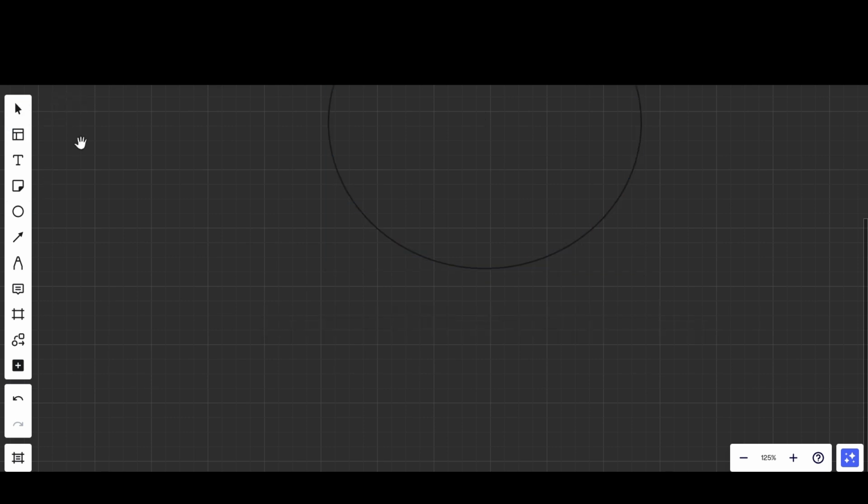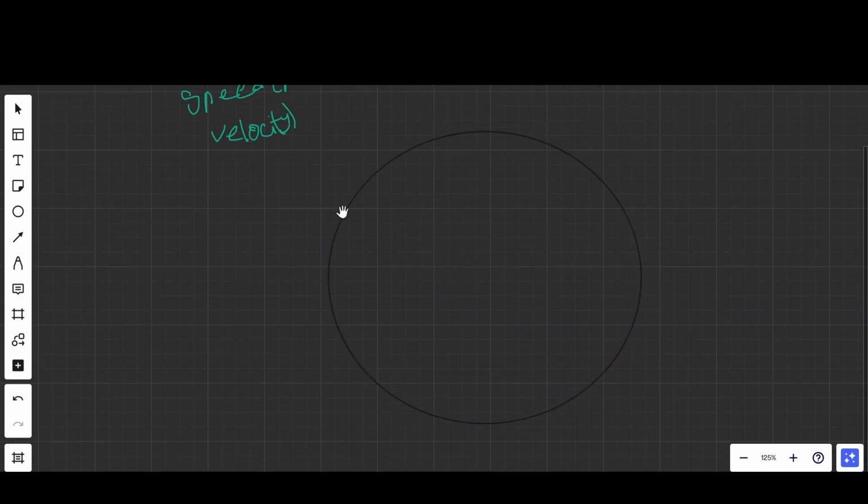Here's our circle, and let's say I've got a ball in here, and it is in circular motion around this track. So maybe it's you taking your dog for a walk, maybe it's you running a 10 kilometer lap. But this is a point particle going at uniform speed. Okay, constant speed, not velocity.